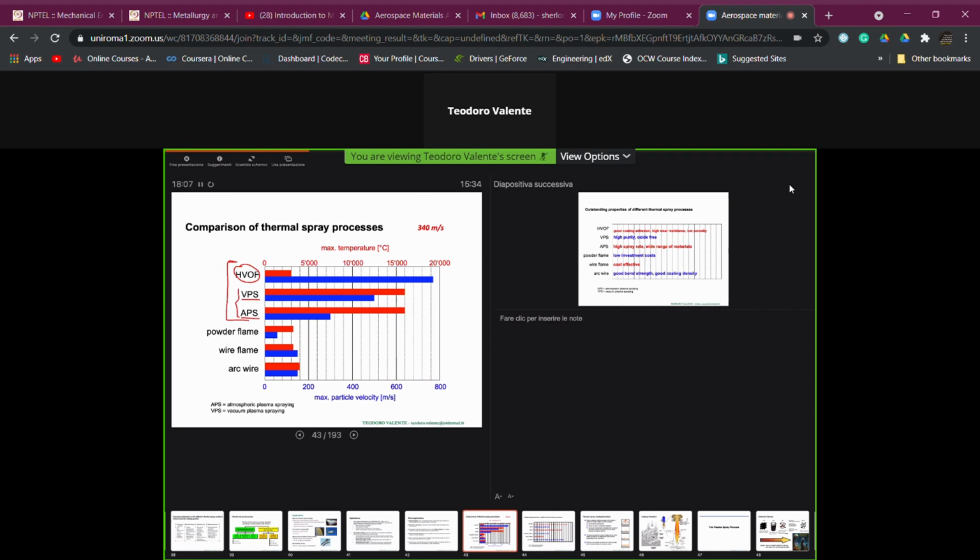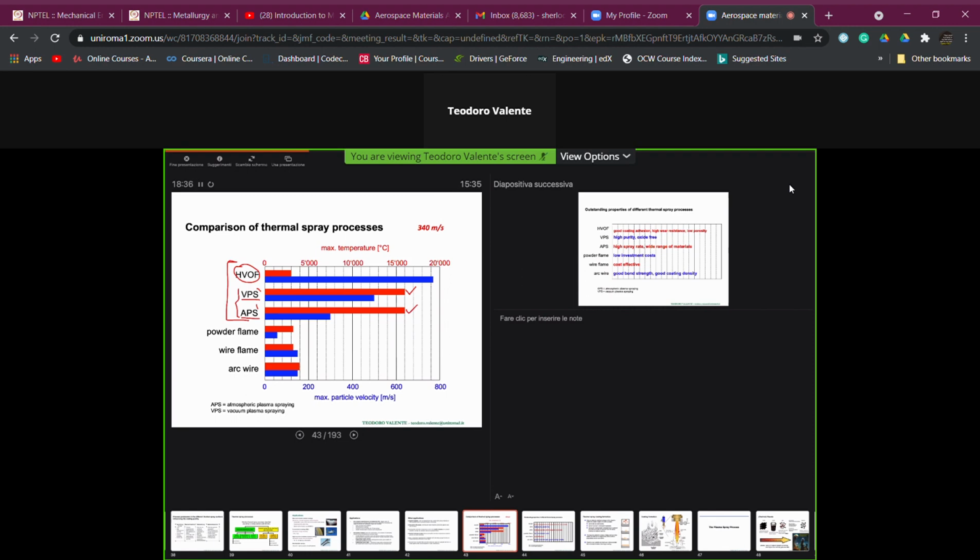And what we can see is that if we are looking at plasma spray technologies, that is this one, and that's not a mistake, we can reach temperatures of the gas phase, which will be a plasma, as high as 15,000 Celsius. That means 15,000 Kelvin, because 273 does not make any difference.